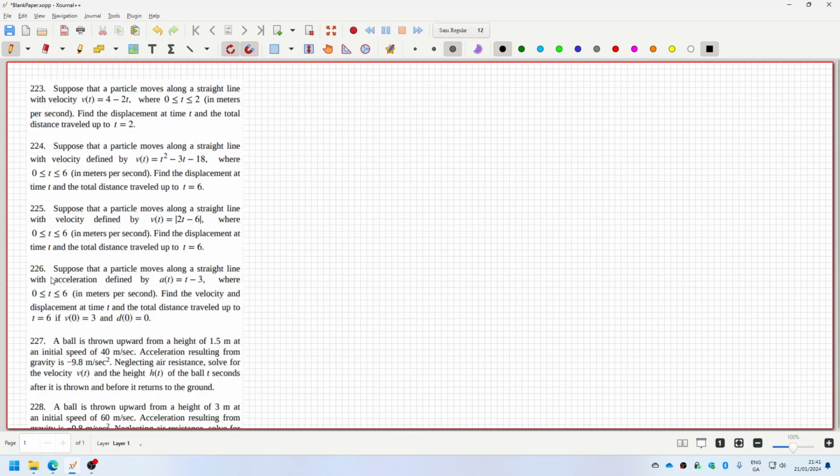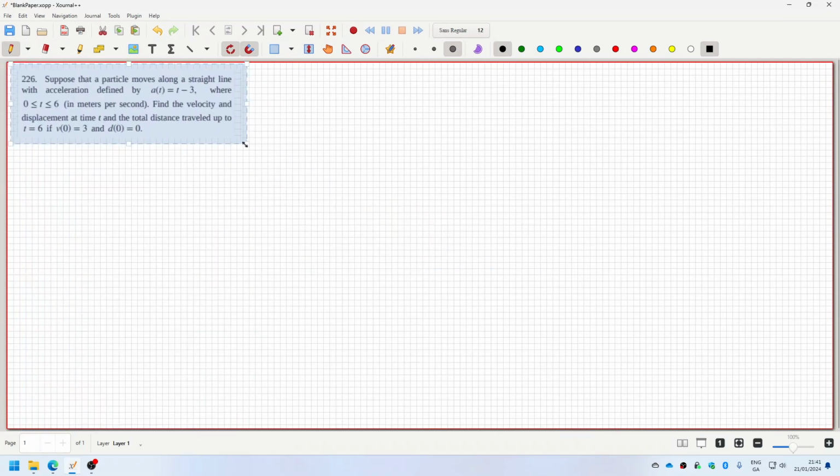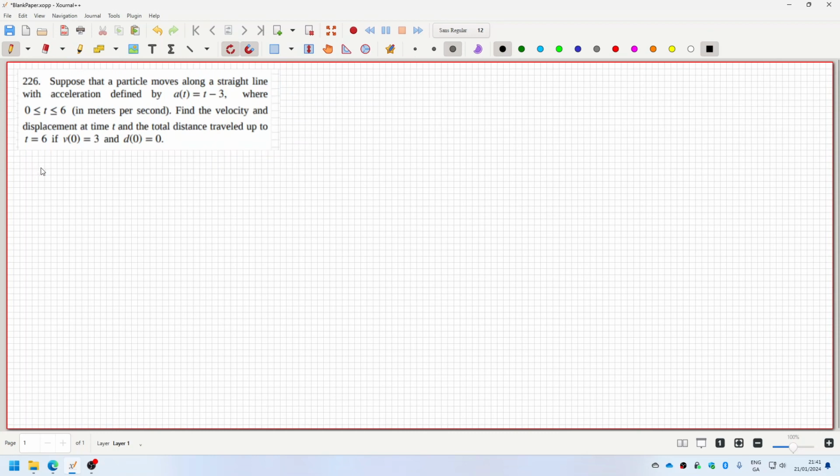I just want to be clear what's going on here. So the acceleration, so that's dv/dt, that's equal to t minus 3. So like I said earlier, we want the velocity.